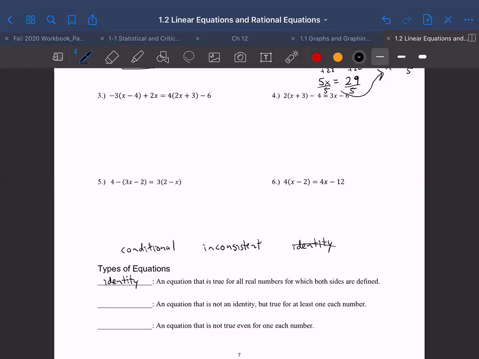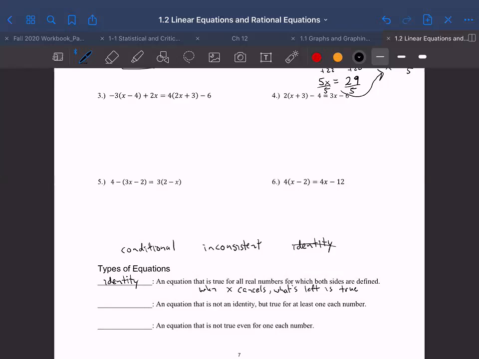Basically, this is going to occur when x cancels and what you have left is true. So say x cancels out totally and you end up with 3 equals 3. Now suddenly that is an identity. It doesn't matter what number you plug in for x, that equation that you started with holds true for all of them because the x canceled out and it didn't matter, but it was still true.